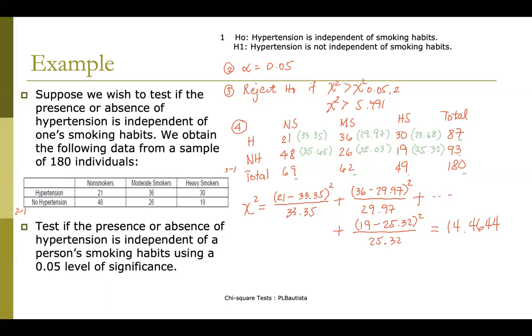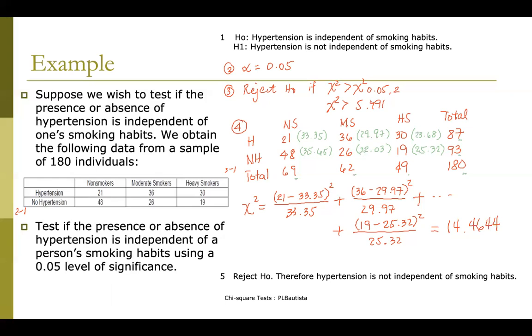Comparing the chi-square test statistic with our critical value of 5.991, we see that the test statistic exceeds the critical value. So therefore, we reject the null hypothesis, and hence hypertension is not independent of smoking habits, meaning there is a significant relation between the two variables.